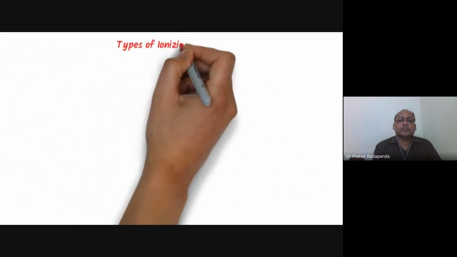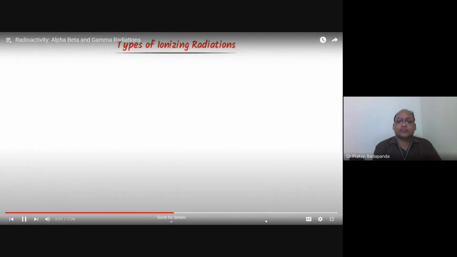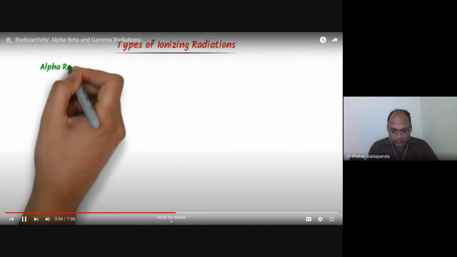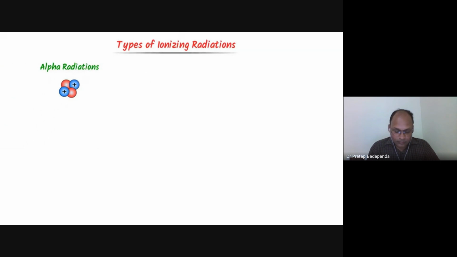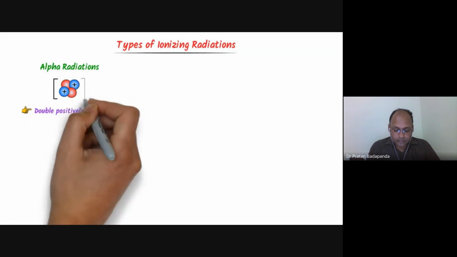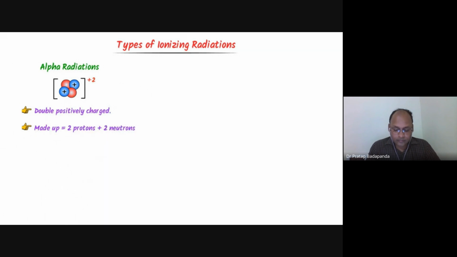Now let me teach you the types of ionizing radiations. The first type of ionizing radiation is alpha radiation or alpha particles. We already know that in radioactive decay, alpha particles are produced. Alpha particles are double positively charged. They are made up of 2 protons and 2 neutrons. They have no electron. It is exactly the same as the nucleus of a helium atom. We represent alpha particles by the helium nucleus He.